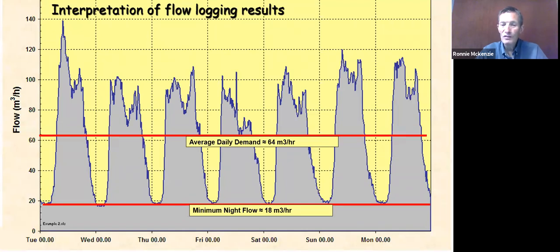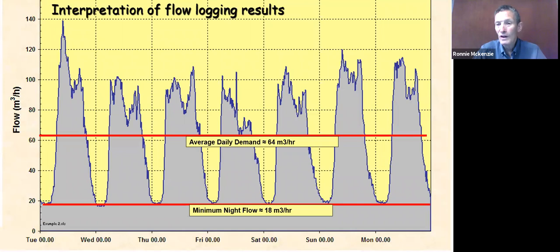You can use a spreadsheet or computer software to do this if you really want to take it to a third decimal, but you can also just eyeball it, and just try and get the area in grey above the line balancing with the yellow area below that line, and you won't be far out. I've said it's 64 cubic meters per hour. It might be 66, it might be 62, it doesn't really matter. It's just a rough indicator.